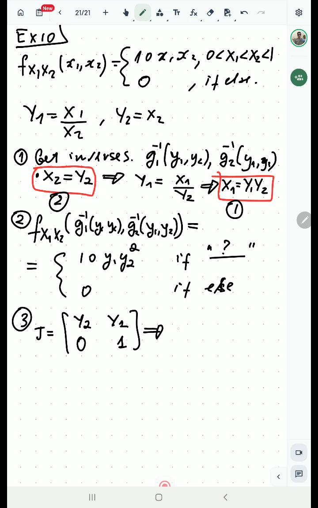Now, if you want to find the determinant of that, and actually, the determinant of the Jacobian is going to give us what? It's going to give us y2 minus 0, right?